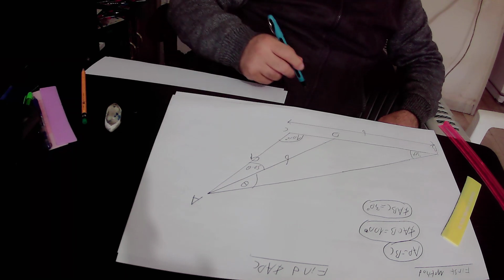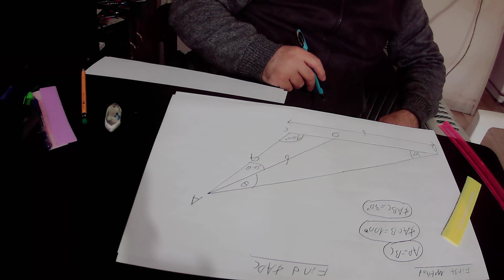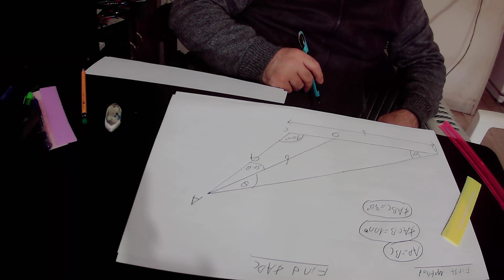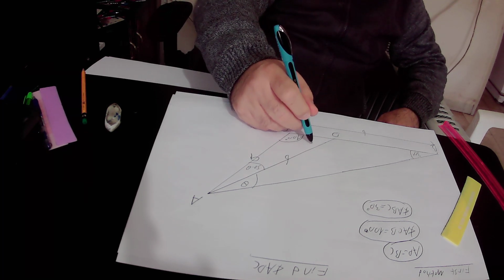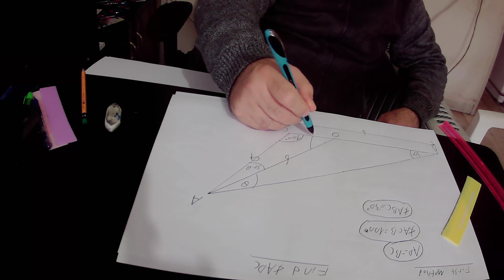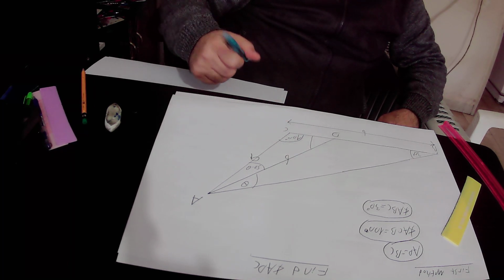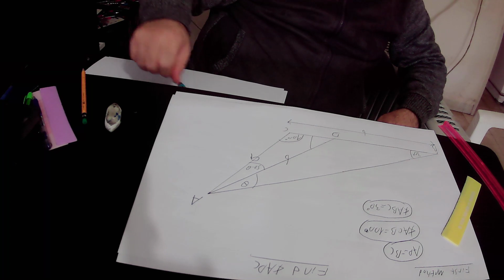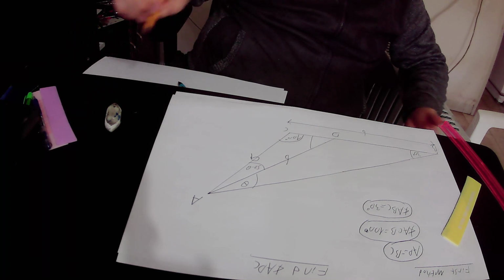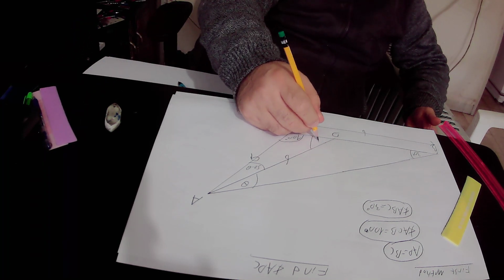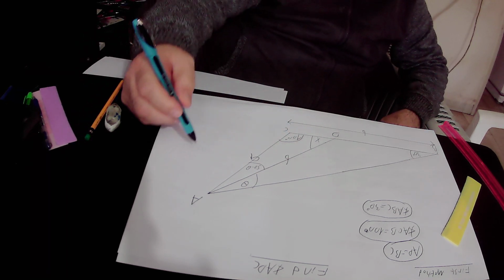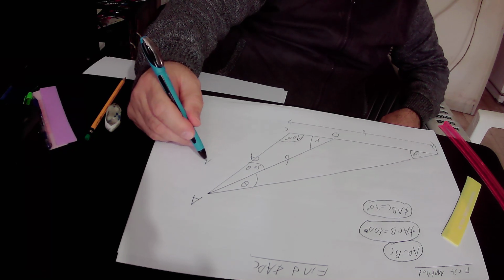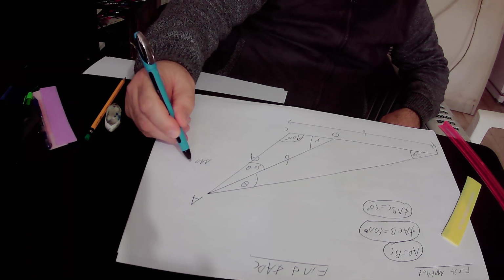Okay, so now we'll find the value of the angle that we are looking for, that is actually angle ADC. If we define angle ADC as angle X, we note that the sum of the angles in triangle ADC must be equal to 180 degrees.